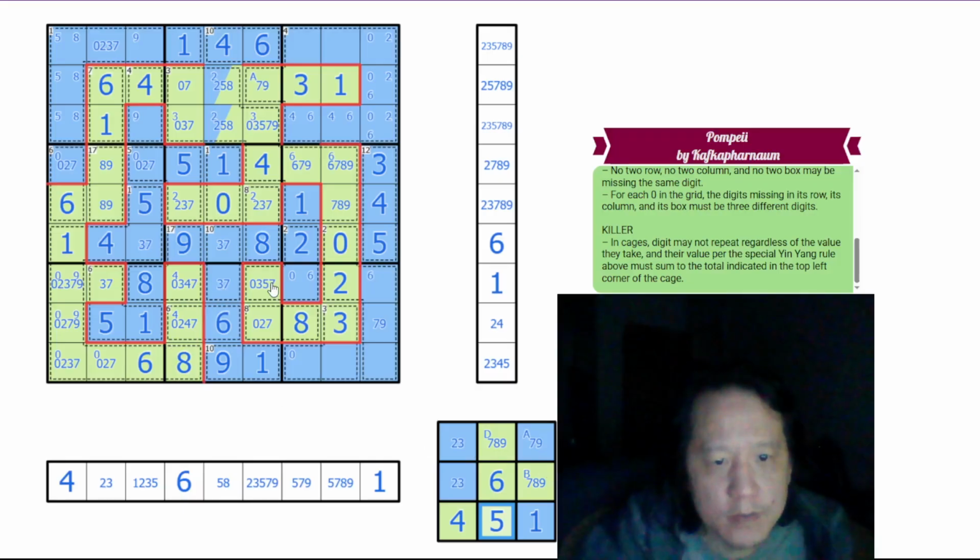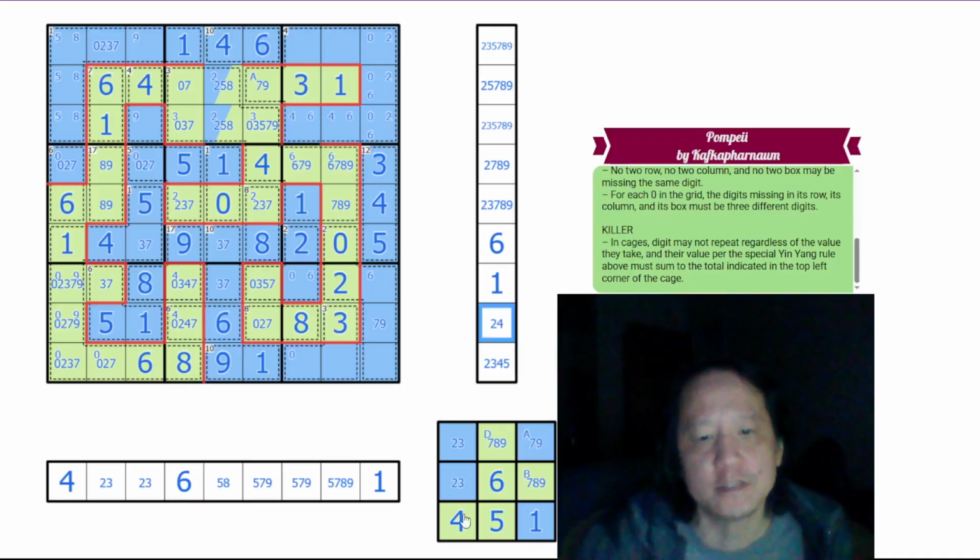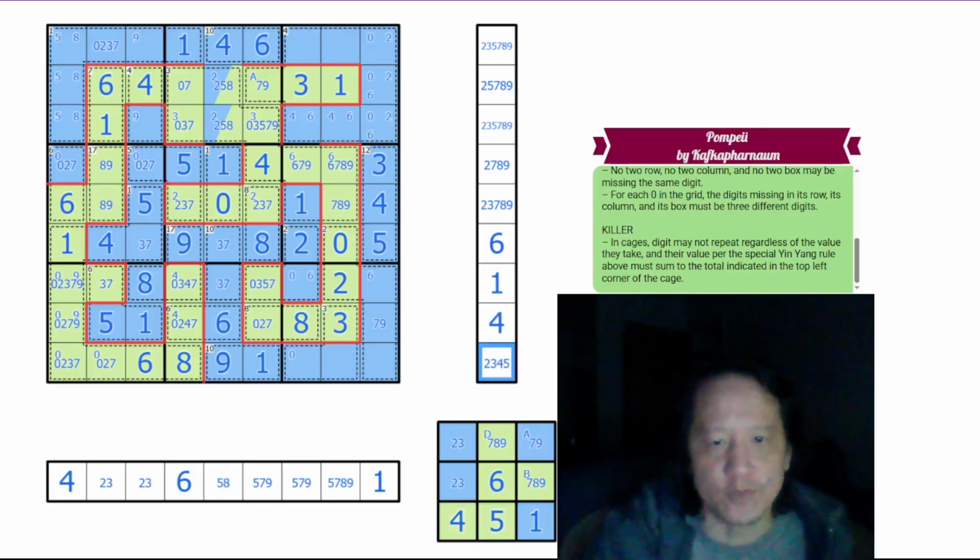So that means this cannot be missing 1 or 5. It's 2 or 3. We can't be missing 2 or 3 in any other row or column. We have to have 4 and 5 missing in boxes 7, 8, 9. So that corresponds to this. So this must be missing a 4. This must be missing a 5. So no 5 here, no 5 here, no 5 here.